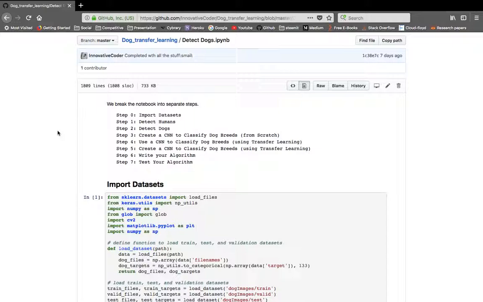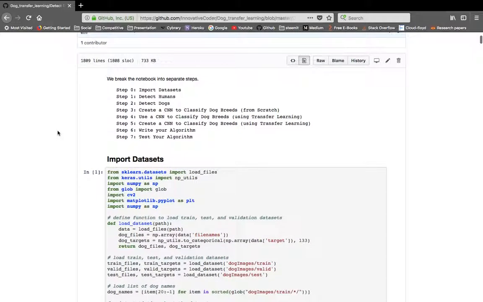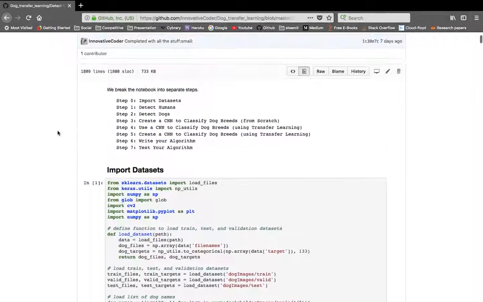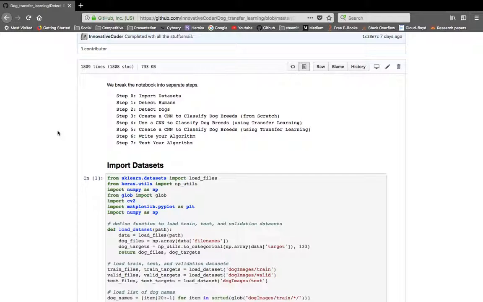If in a picture we have a human, it will just print "hey human", and if it is a dog, then it will tell the breed of the dog. We have 133 breeds in a dataset, and we'll be training our model on that.